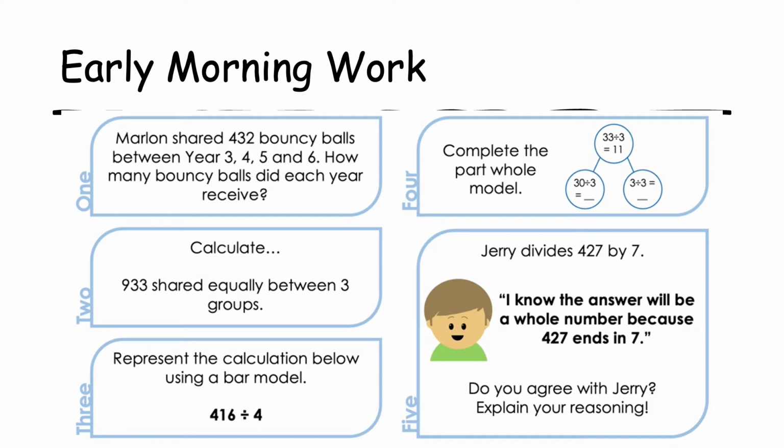And number 5. Jerry divides 427 by 7. I know the answer will be a whole number because 427 ends in 7. Do you agree with Jerry? Explain your reasoning. So pause the video now until you do your calculations.